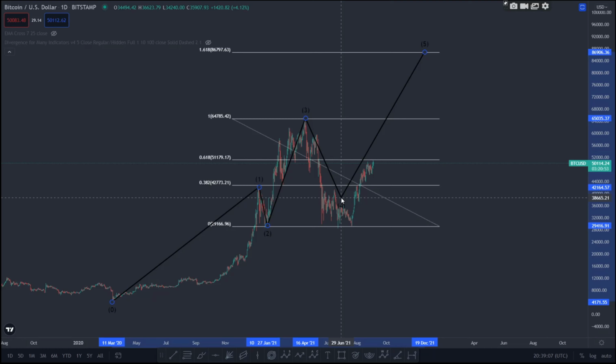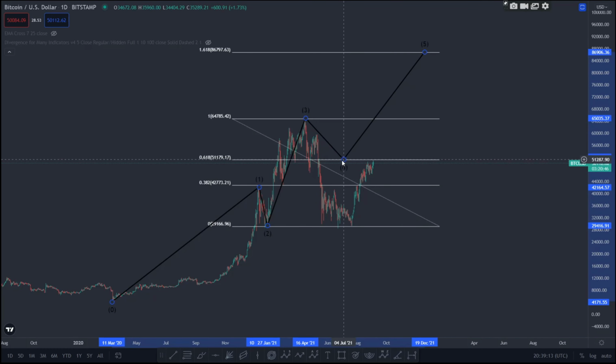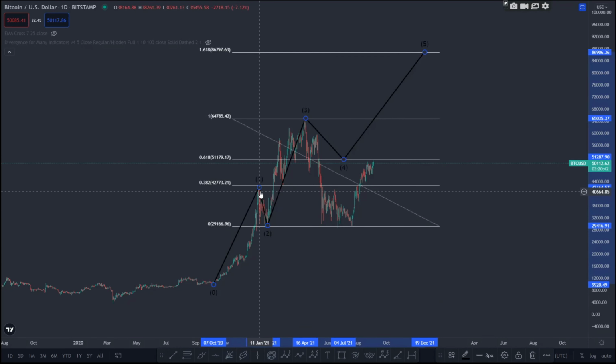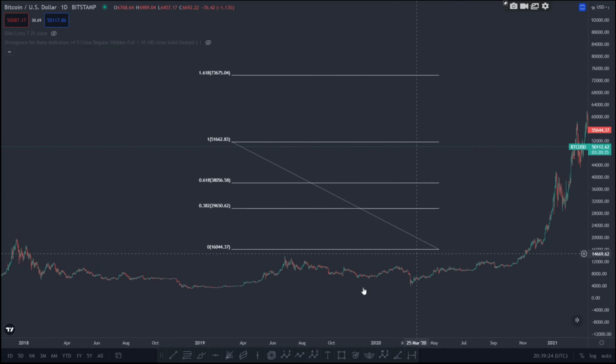So a typical Elliott impulse wave would be something like this. You will have a first impulse wave, which is this one. Actually, I'm going to draw this without price action.